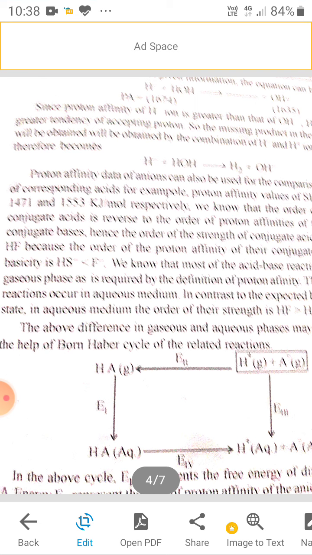Hydrogen plus OH- gives H2 plus OH-. Then according to the Born-Haber cycle, hydrogen plus acid forms hydrogen cation plus anion. Then the cation and anion convert into aqueous solution and then combine to form hydrogen plus anion.